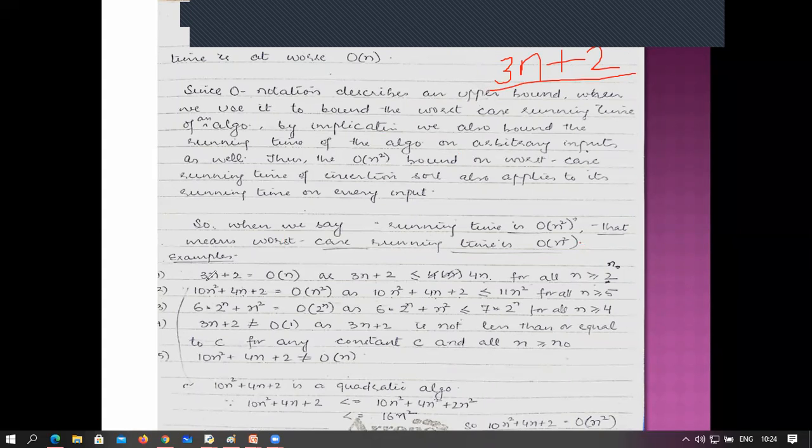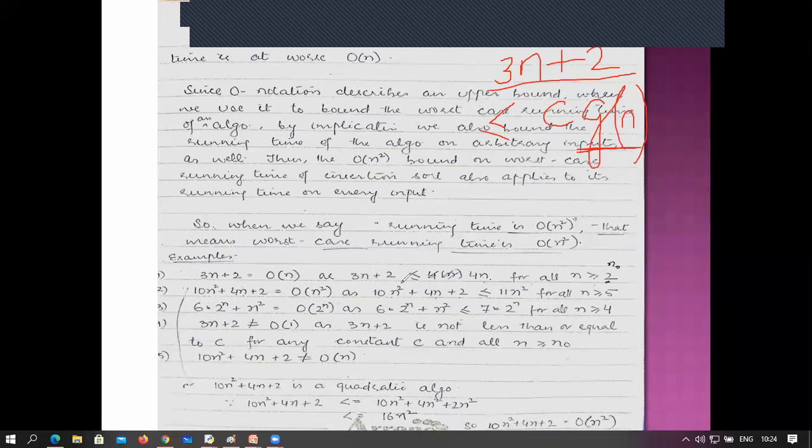Suppose you want to say that in terms of big O, it is big O of n. But how can you say that this is big O? You can say it is big O of something if 3n plus 2 is less than equal to multiplying this with some constant c into gn. Okay, now I want to find out what's the value of gn.